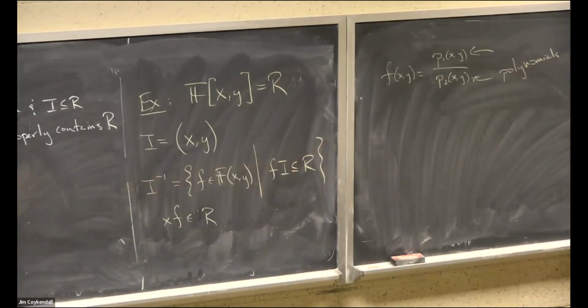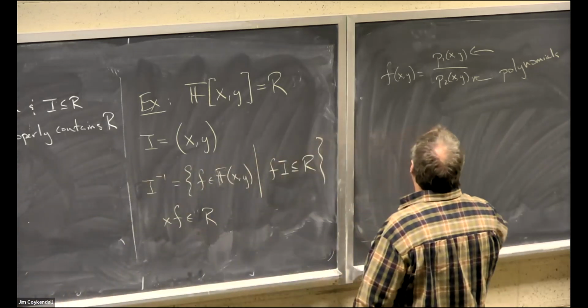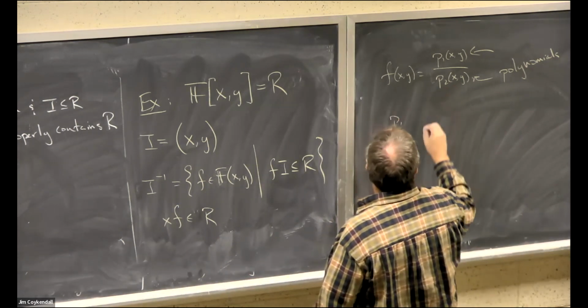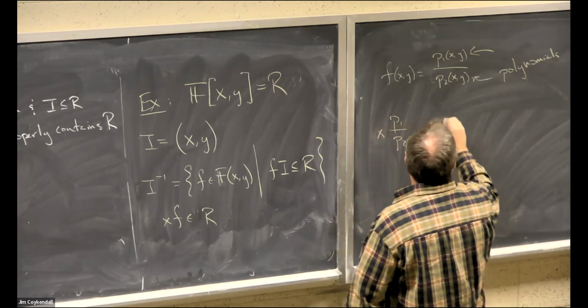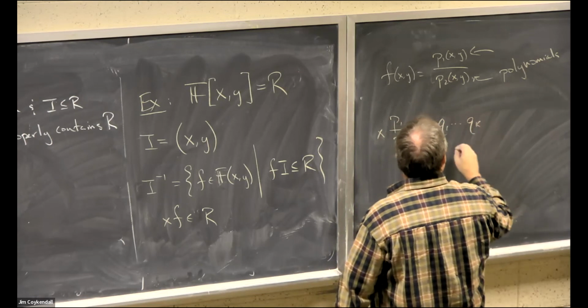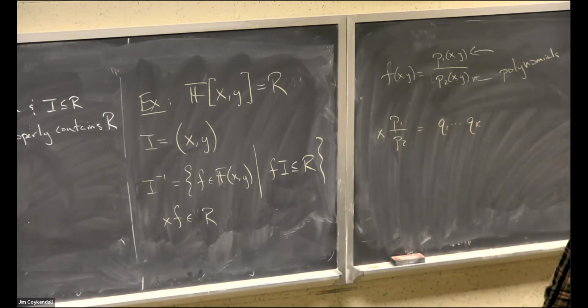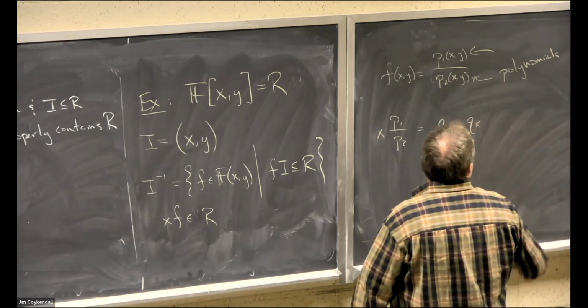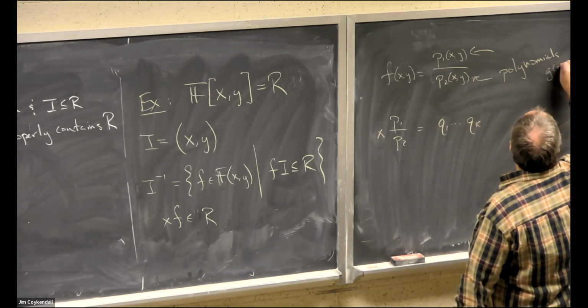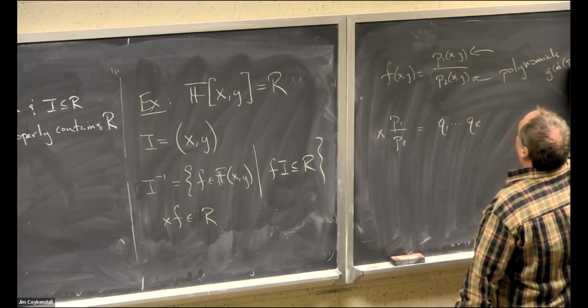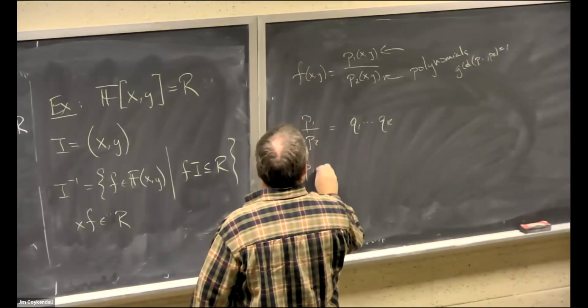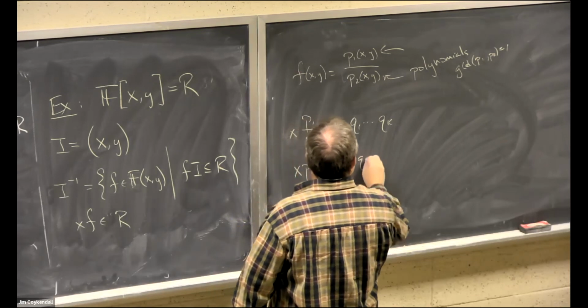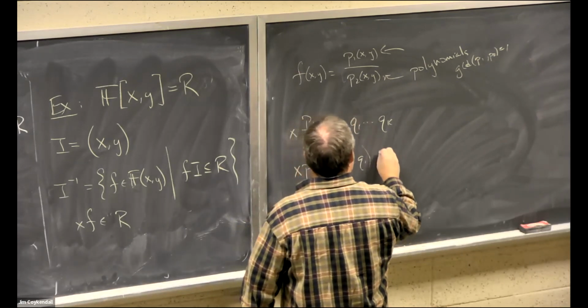You can write any rational function as a quotient of two polynomials. Then for FX to be in R, this means that P2 times Q1 equals X P1, where these are polynomials, and let's say the GCD of P1 and P2 is 1. This means that XP1 equals Q1 times P2.